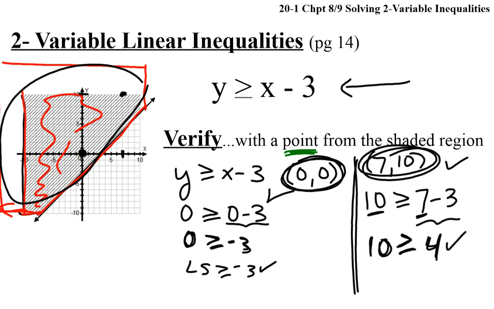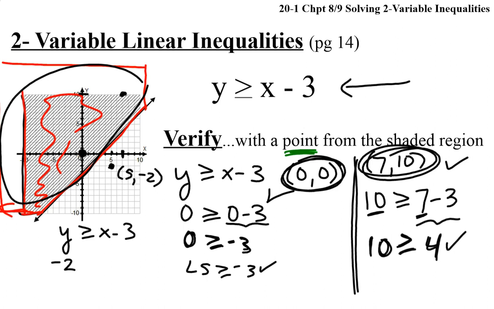For the last verification, let's pick a point that isn't part of our shaded region. Let's go to 5, negative 2. There's point 5, negative 2. It isn't part of our solution, so if I plug something that isn't correct into our inequality, it shouldn't work. Let's see what happens.